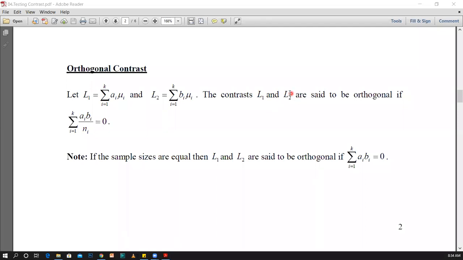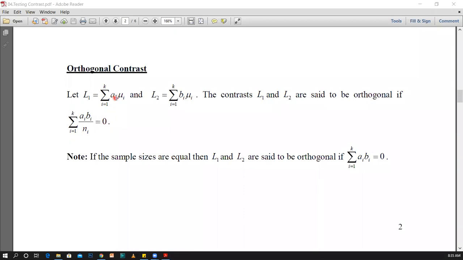We say that contrast L1 and contrast L2 are orthogonal if this condition is satisfied. The condition is that the summation of ai times bi divided by ni, where i goes from 1 to k, is equal to 0.